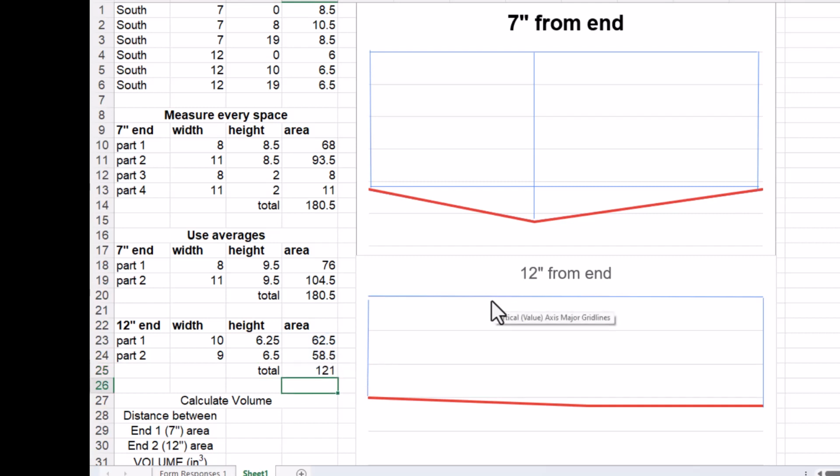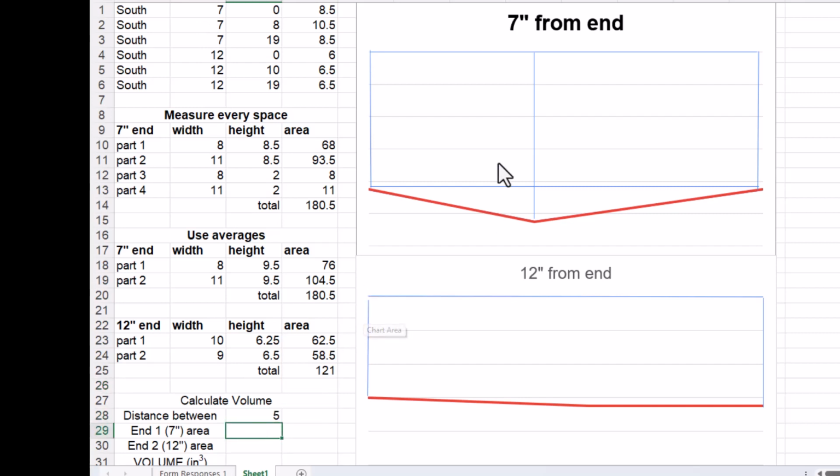Now, I'm not going to get into the craziness of the math of this, but basically speaking, the same way we can calculate this odd shape by averaging these two ends, we can average these two areas and multiply them by the distance between them to get the volume between them. So the distance between 7 and 12 inches is 5 inches.